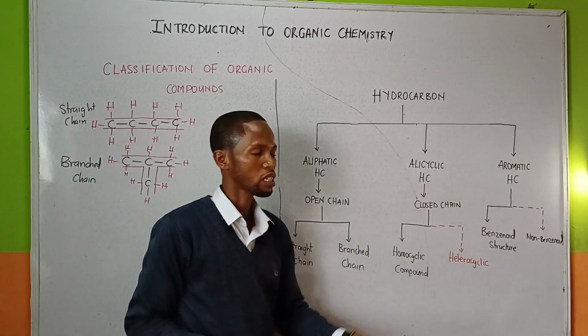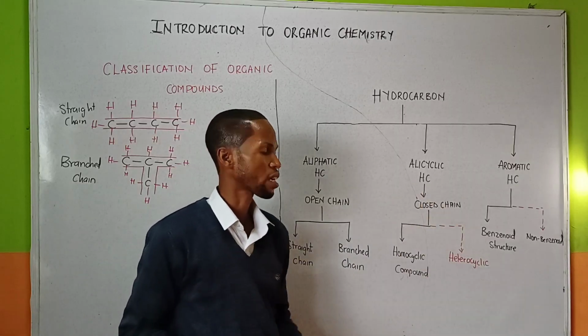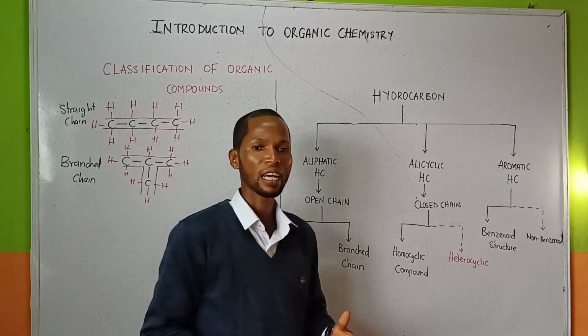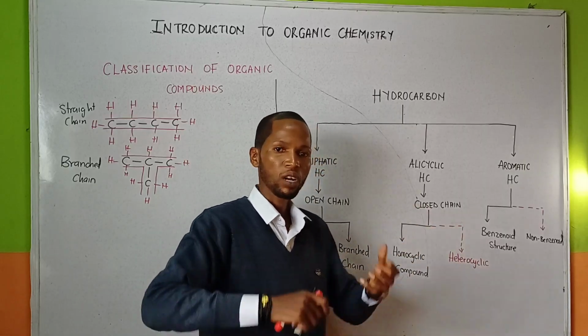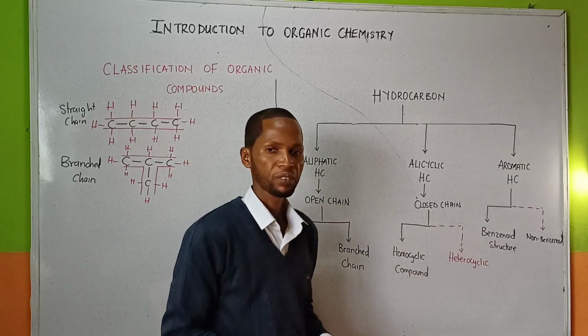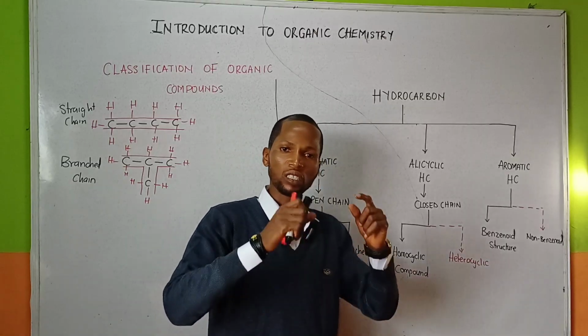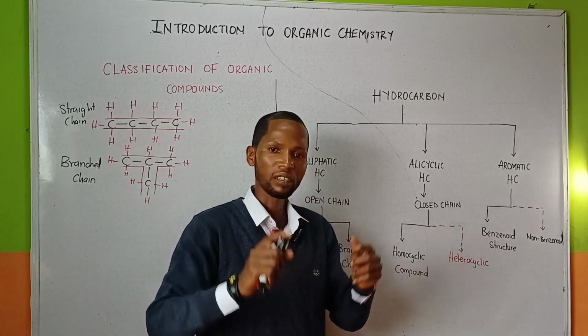The next one is the alicyclic hydrocarbon. Alicyclic hydrocarbons are also regarded as closed chain hydrocarbons because they are in their ring form. They are homocyclic in nature, that is, we have just carbon atoms in the ring structure.